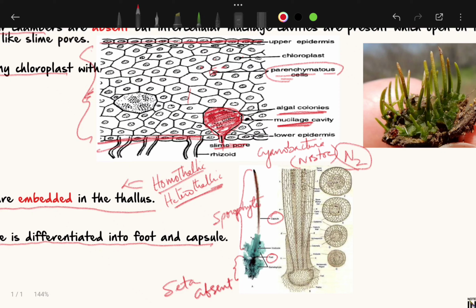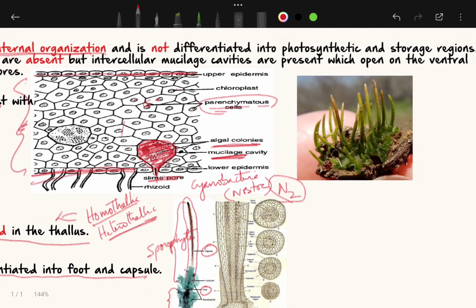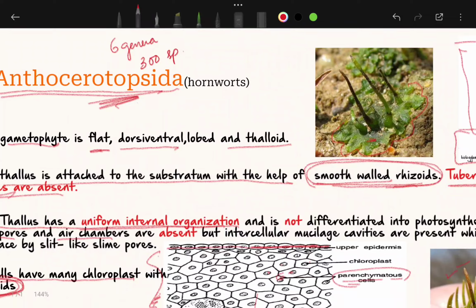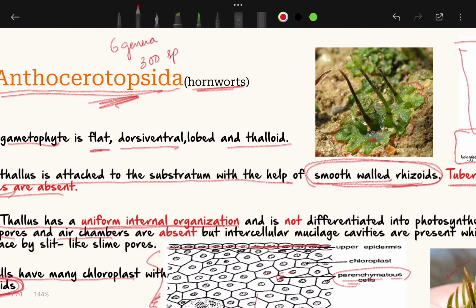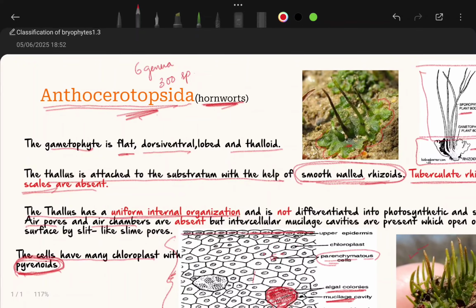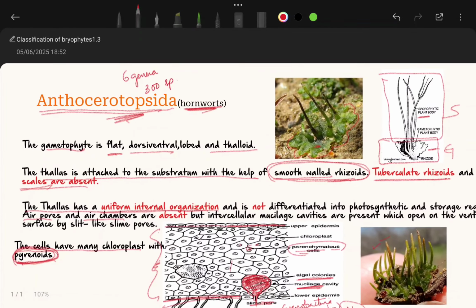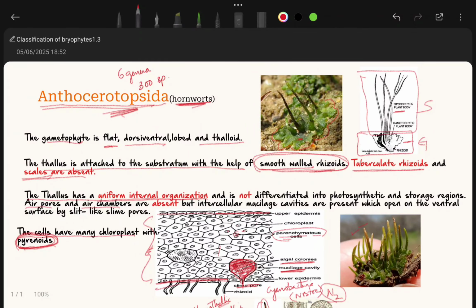And as you can see, this sporophyte body looks like a horn, and this is the reason why Anthocerotopsida are also known as hornworts. So that's all about Anthocerotopsida. Then we'll move on to the next topic.